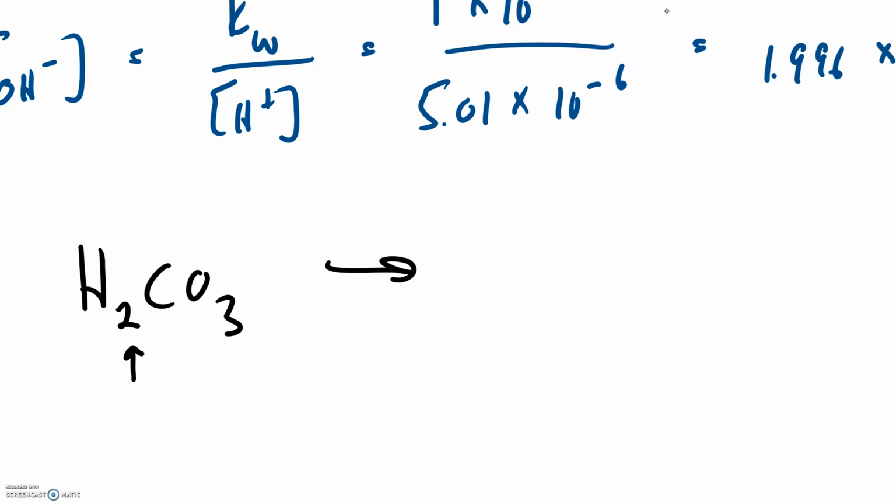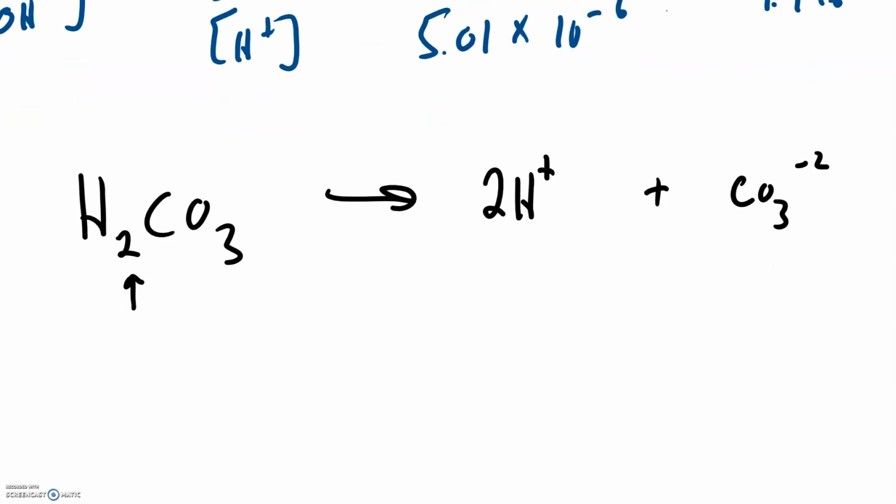That's what the subscript tells us. So when it dissociates, we get 2 H plus in solution and a CO3 2 minus that we don't care about. And so we've been doing this previously where if we knew the concentration of this, we would simply multiply it by whatever coefficient we had to get to this.